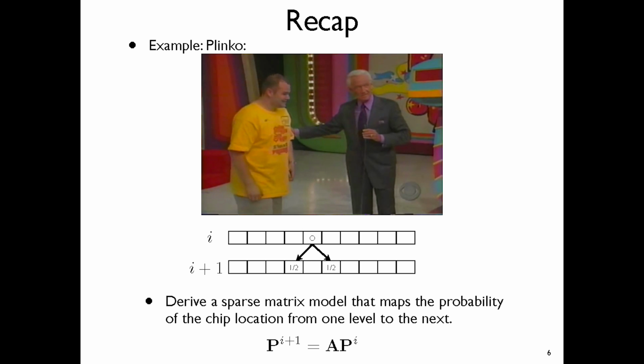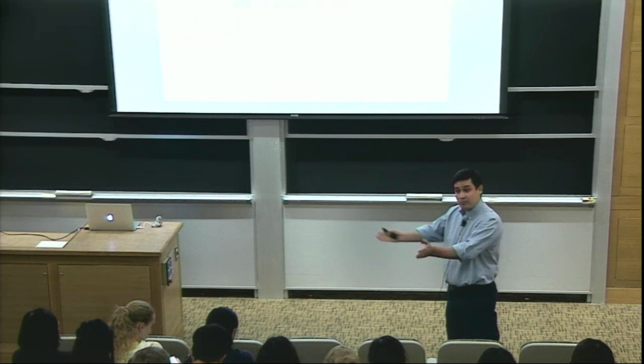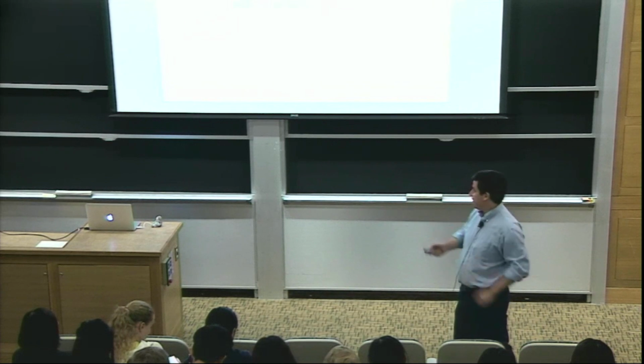So if the probability was 1 that I was in this cell, then at the next level, it'll be a half and a half. And at the next level, those halves will split again. So the probability that I'm in a particular cell at level i is this p_i, and the probability that I'm in a particular cell at level i plus 1 is this p_(i+1), and there's some sparse matrix A which spreads that probability out. It splits it into my neighbors, 50-50.